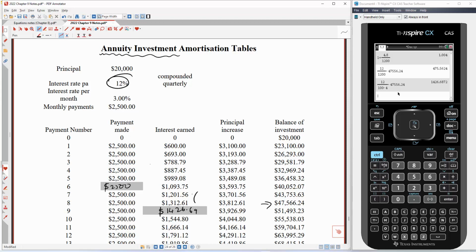Okay, so the calculation for this one was 12 over 100 times 4 multiplied by the previous balance of the investment.